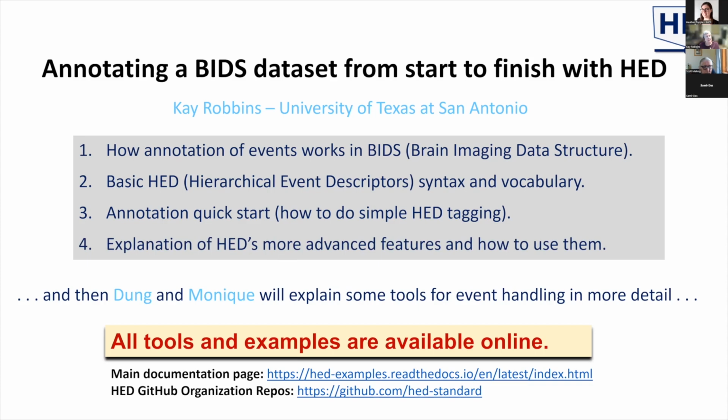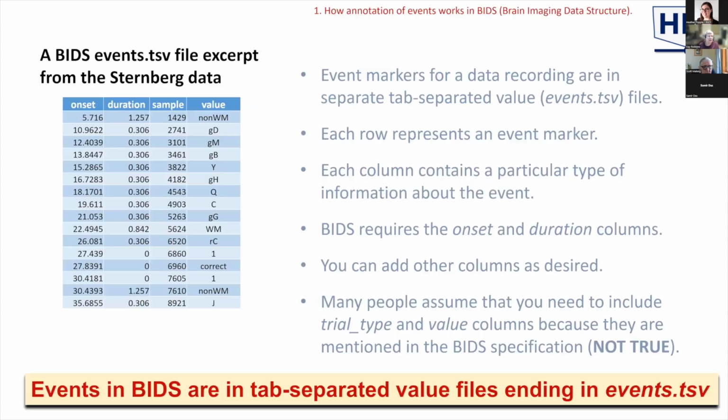Okay, so let's get started with how to do it. And so first we have to understand how events are organized in BIDS, and for some of you this will be really old stuff, and for some of you who are unfamiliar with BIDS, this will be new. But basically, an events file is a tab separated value file, and it has a column header.